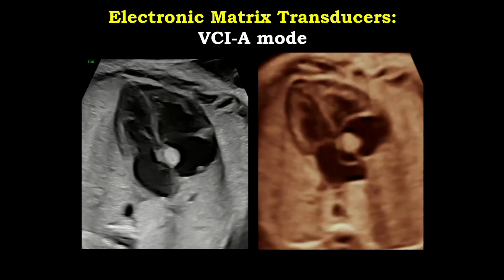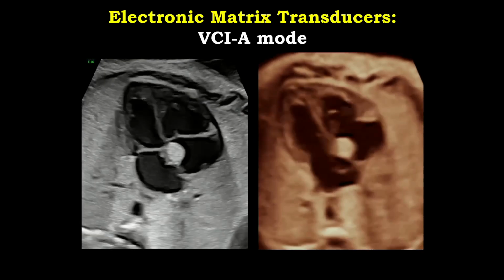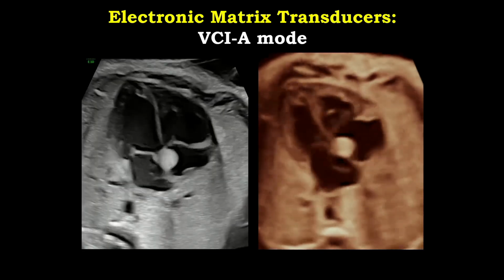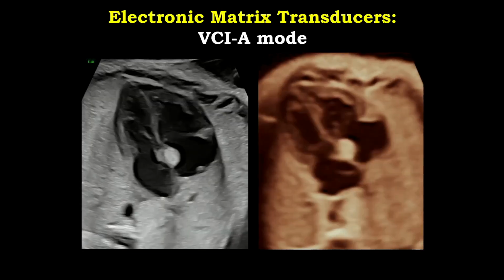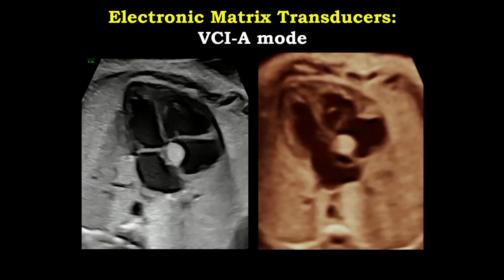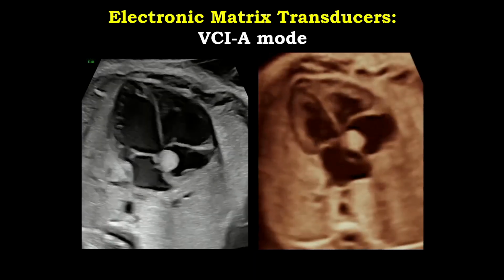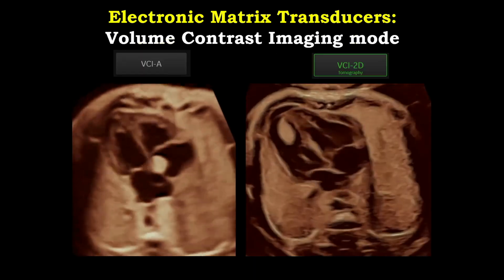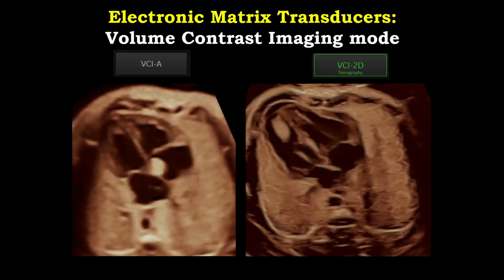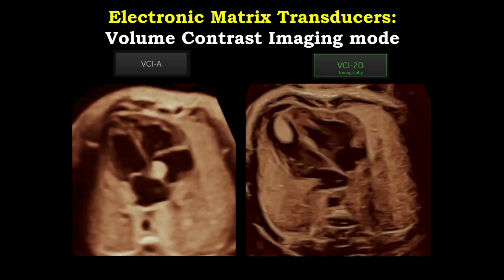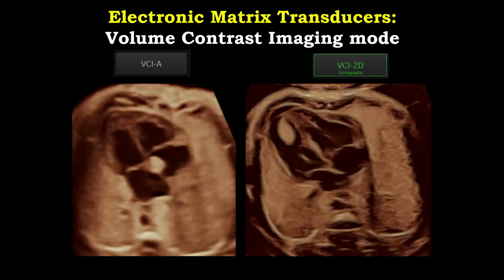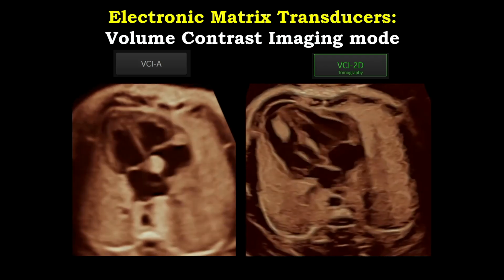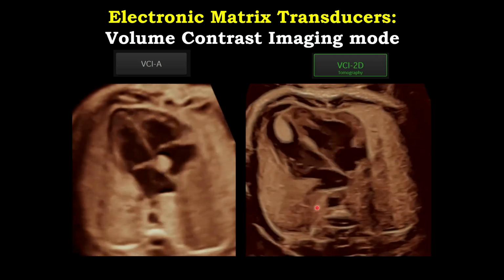Also, contrast resolution is really important when we look at the heart, and that can be improved using volume contrast imaging. In the past, it was available only as a 3D mode, but nowadays we have technology that allows us to use the 3D probe but have volume contrast imaging on the 2D image, and this is how it looks today.